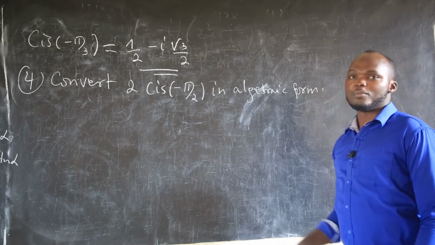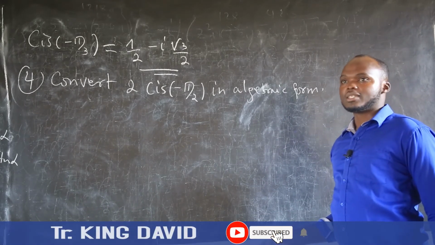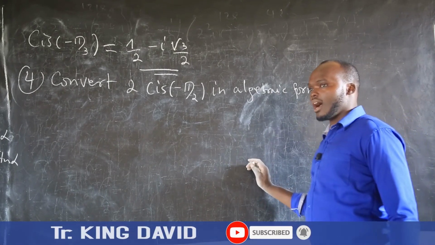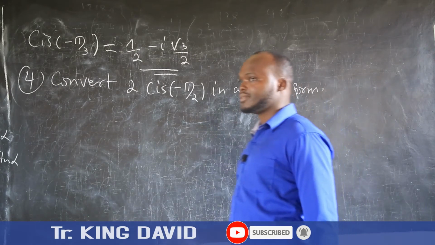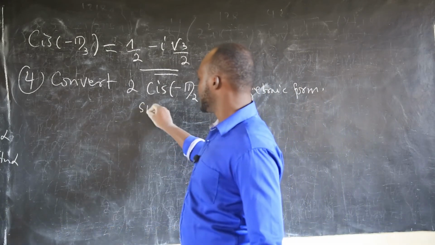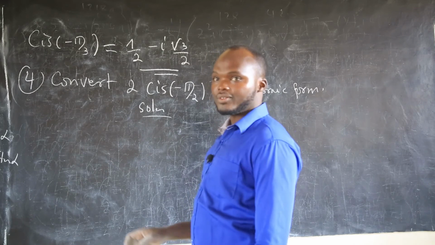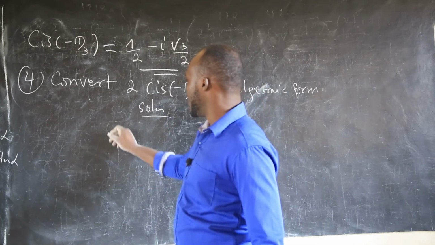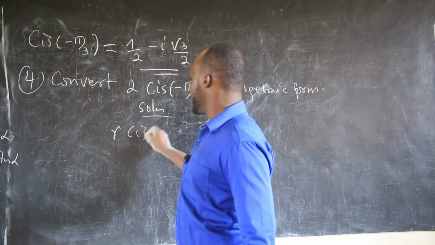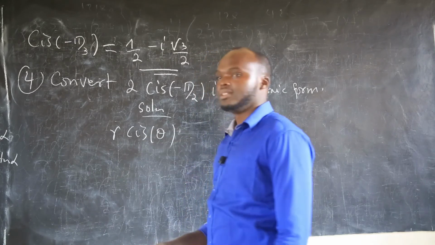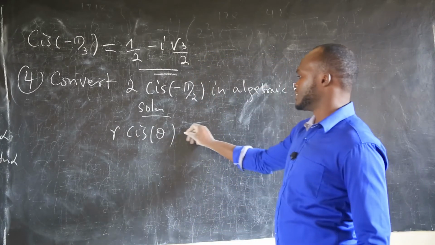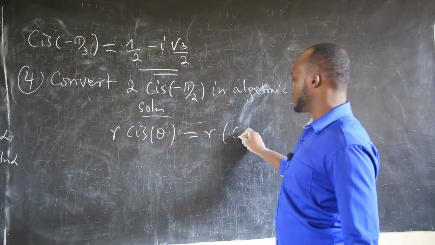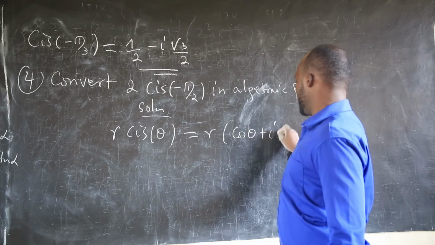So now we have polar form and we are expressing it into algebraic form. How do you do that? When you have R CIS of angle, this is the same as R into bracket cos angle plus I sin angle.